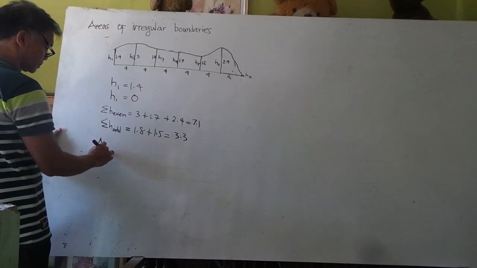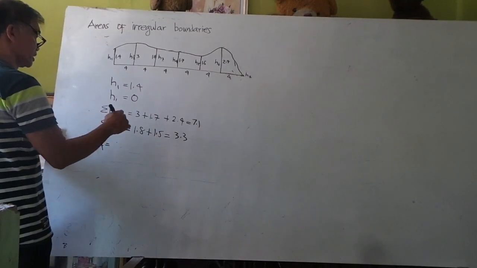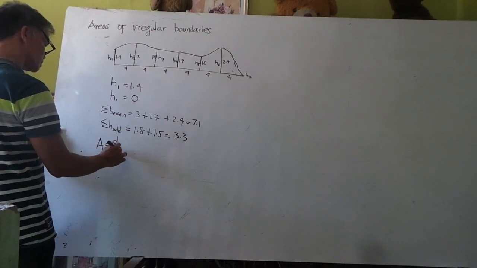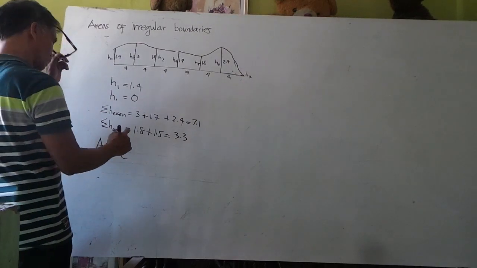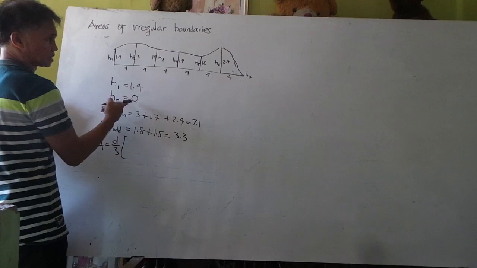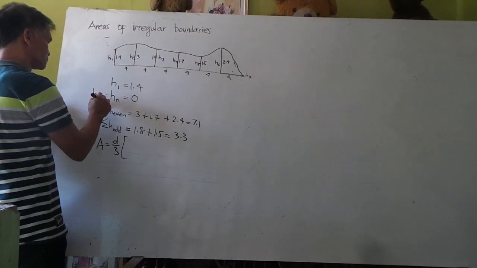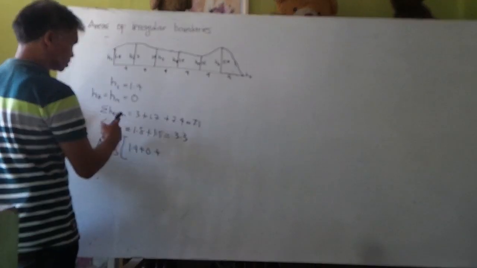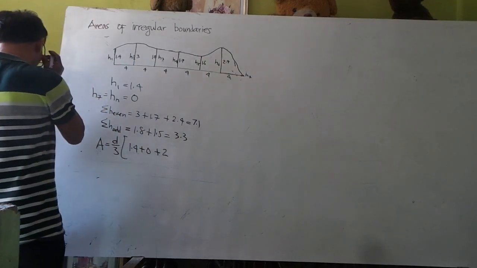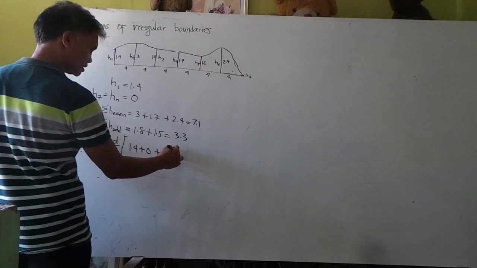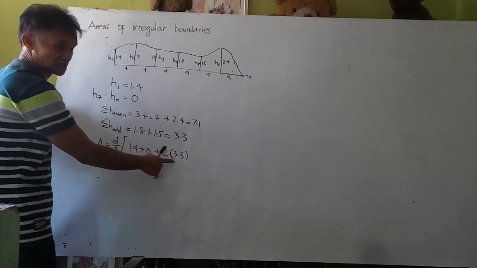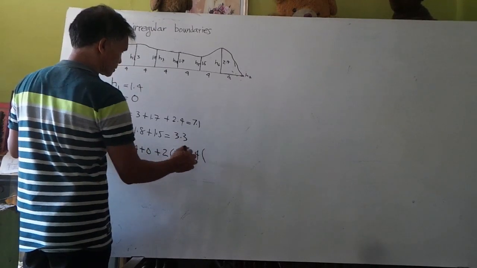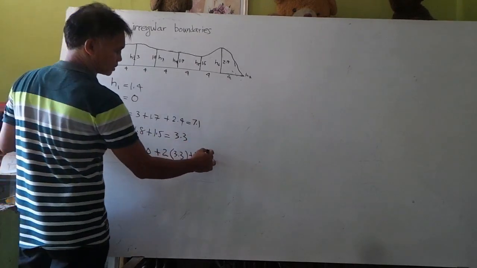Now substitute in the formula: the area is equivalent to D over 3, where D is 4, times H1 plus Hn, which is 1.4 plus 0, plus 2 times the sum of the odd, which is 3.3, plus 4 times the sum of the even, which is 7.1.